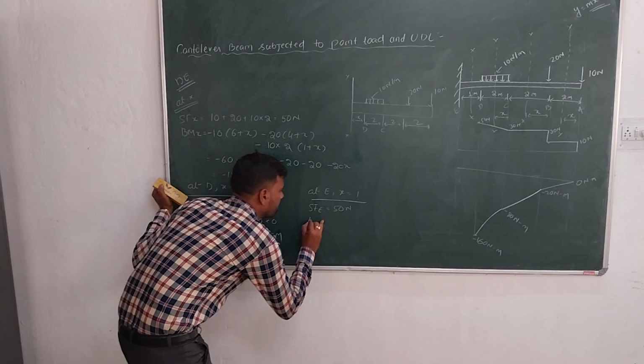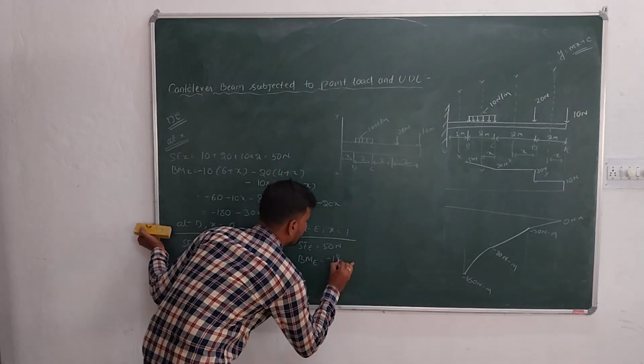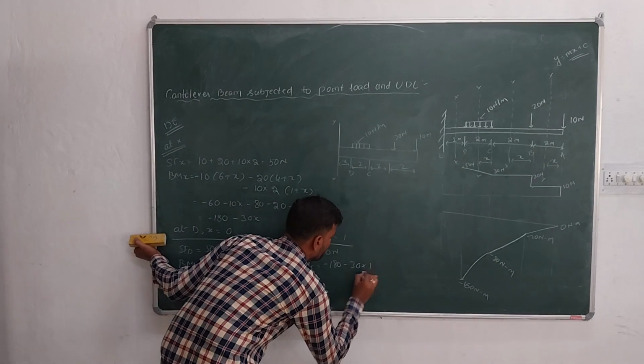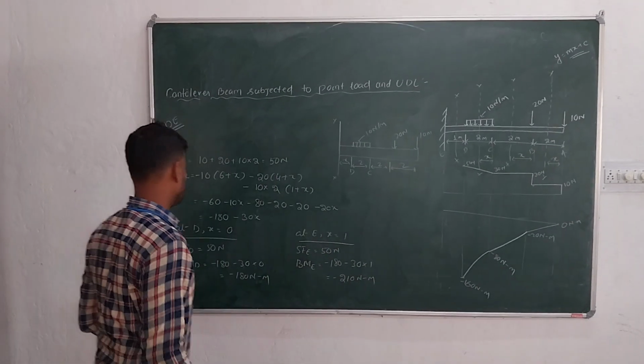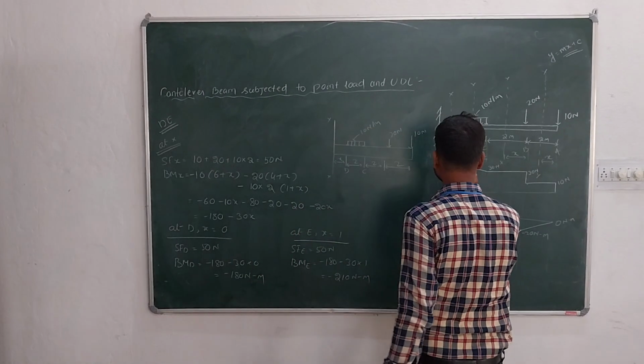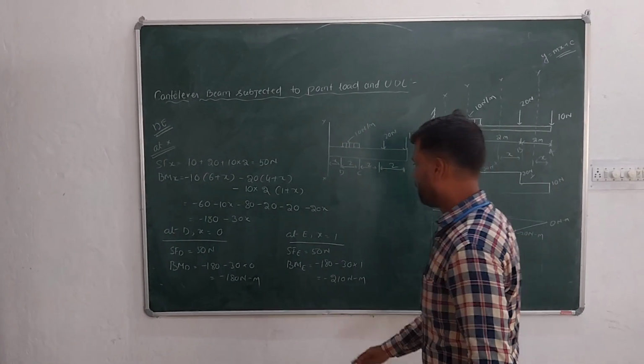And BM at E is minus 180 minus 30 into 1, that is minus 210 Newton meter. Now draw this one. Here it is 50, here it is also 50. So this is the shear force diagram.